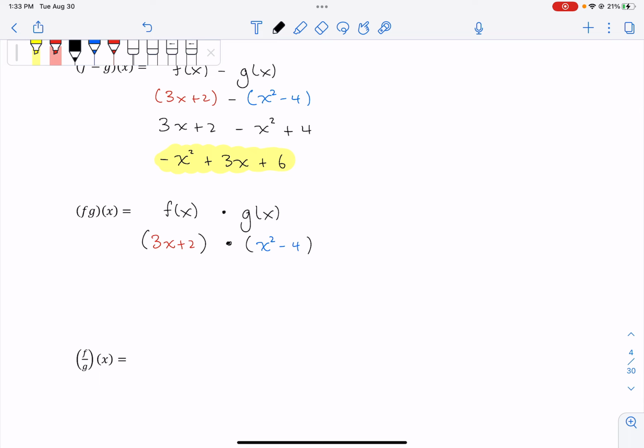But this is just 3x cubed minus 12x plus 2x squared minus 8. And if you want to organize them, which I highly suggest you do, you just get 3x cubed plus 2x squared minus 12x minus 8.